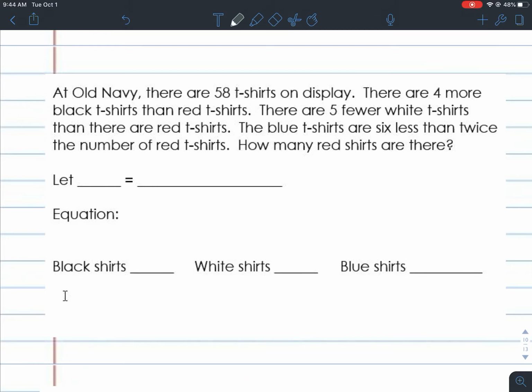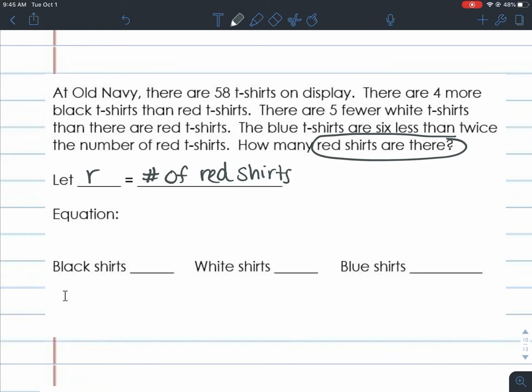So this question, there's a lot going on. But the word you kept seeing in each one of them was comparing to, and the question in the end is how many red shirts. So we'll say R is the number of red shirts. They're giving you a lot.